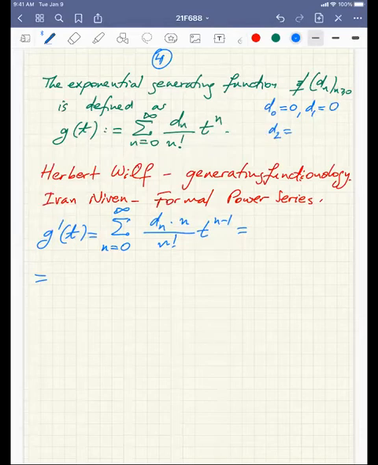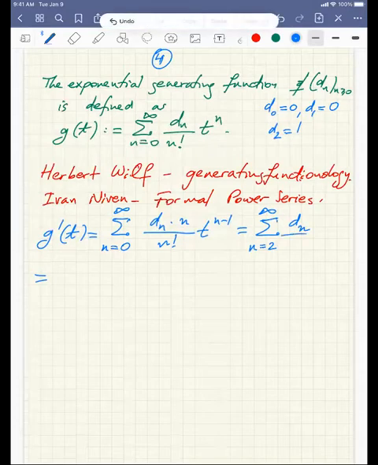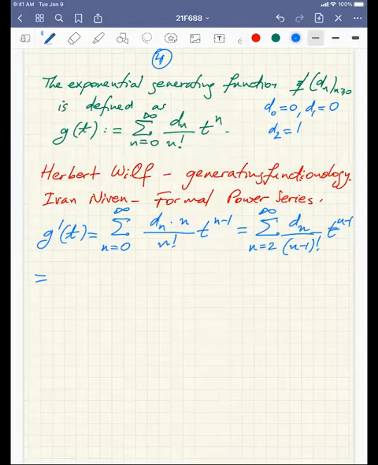d_2 is 1. So our summation, we can actually start from n equals 2 to infinity of d_n. The n with n will cancel. So it's going to be d_n over (n-1) factorial times t^(n-1).